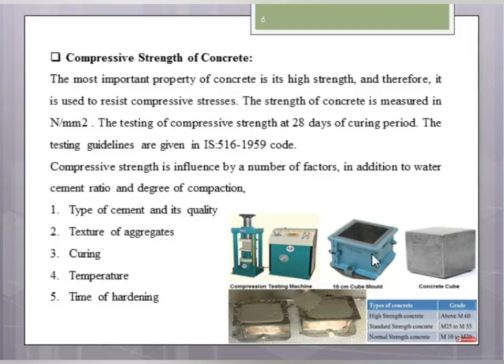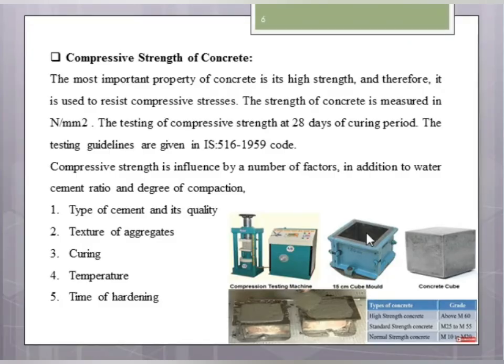Take the batching of your ingredients as per your mix design of concrete. Mix the fresh concrete thoroughly, and after taking the properties of fresh concrete, you have to place that concrete into the particular mold, whether it is 150 or 100 mm.